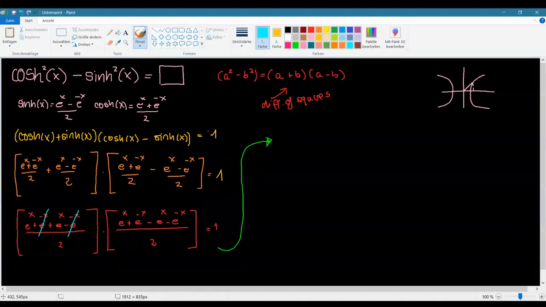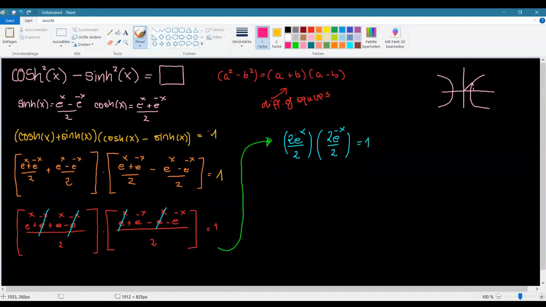And we can cancel out e to the x and minus e to the x. Well, what we end up with is 2e to the x over 2 times 2e to the negative x over 2 equals 1, which is interesting.